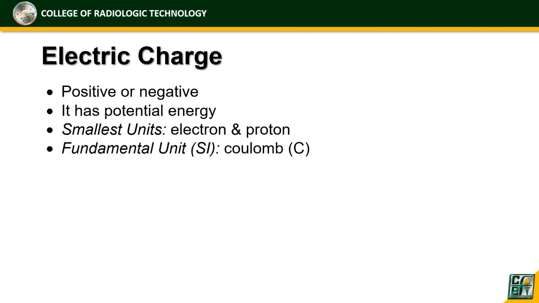And their fundamental unit or SI unit is the Coulomb. So 1 Coulomb is equal to 6 times 10 to the 18th power electron charges. So yan yung equivalence niya.